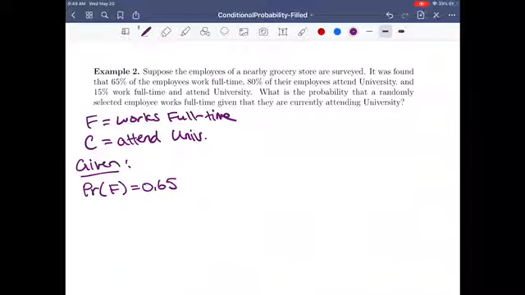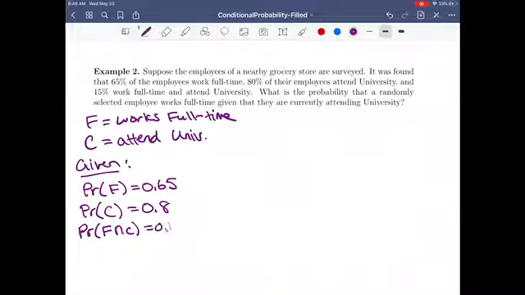If we randomly select a person from this grocery store, there's a 65% chance that we get someone who works full-time. The probability that they attend university, the probability of C, is 80%, so 0.8. And the probability that they do both, so they're in F and C, is 15%, so 0.15. That's what they gave us.